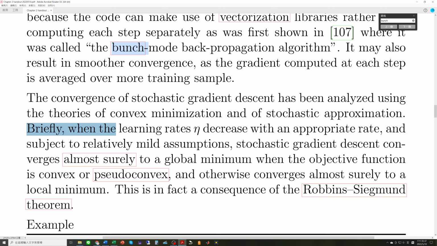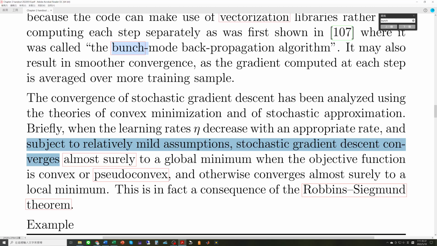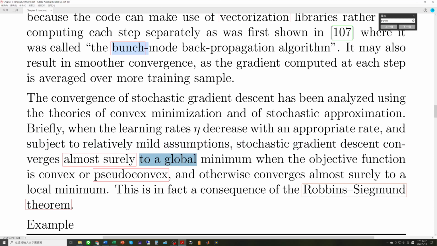Briefly, when the learning rates eta decrease at an appropriate rate, and subject to relatively mild assumptions, stochastic gradient descent converges almost surely, which I will introduce later, to a global minimum when the objective function is convex or pseudo-convex. I will introduce what is pseudo-convex later.